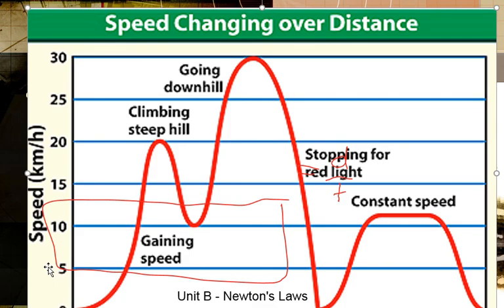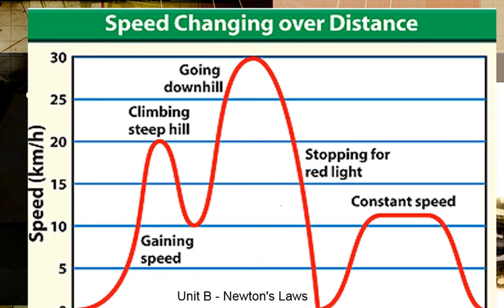In the graphic here, we can see how changing speed over distance can be achieved during a particular trip. As the car is moving, it gains speed and then changes with conditions of the road. Now, if you took the distance traveled by the time it took to do that, you'd have your average speed.